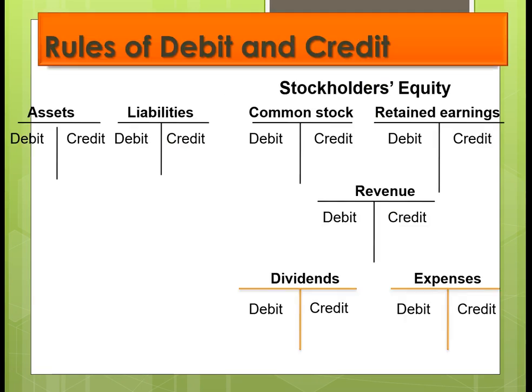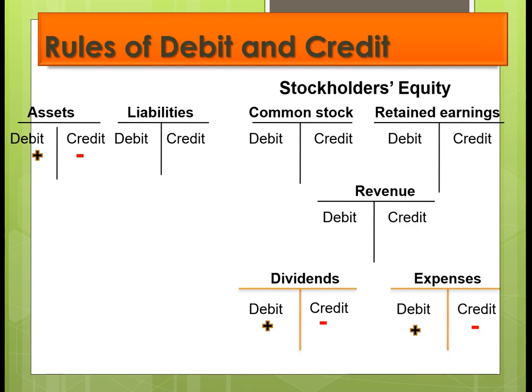Assets you increase with a debit, you decrease with a credit. Dividends, you increase with a debit because they reduce stockholders' equity, and you reduce with a credit. Expenses also decrease stockholders' equity even though they're on the other side of the formula, so we increase with a debit and decrease with a credit.